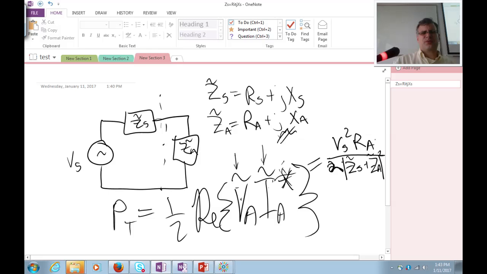This is a 2. Put a squiggle there. Okay, this is just basic circuit theory. I'm using basically my voltage divider to get a voltage across here, and then using Ohm's law to figure out ultimately how much power is going through that load. There's nothing new there. Now there is sort of a bookkeeping thing that we have to do. What should I make Z sub A to get maximum power transfer?